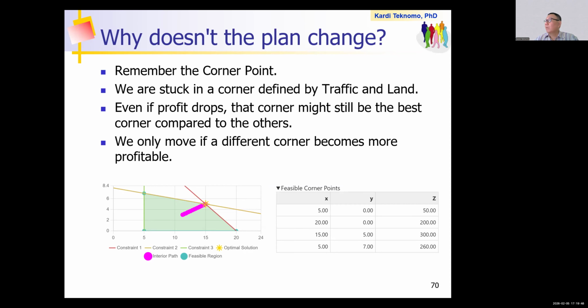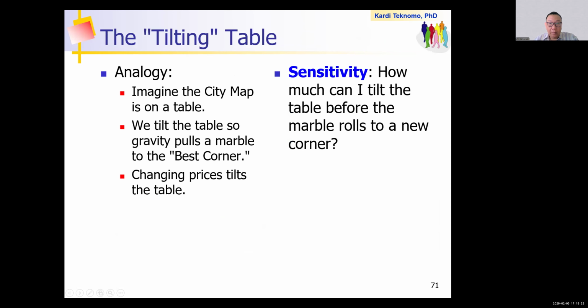Okay. So these are the feasible areas. Think of optimization like gravity. You have a table and then you tilt the table so that the marble will roll to the highest point in the corner. So if you change from, for example, 30K to 20K, that means you tilt the table slightly.